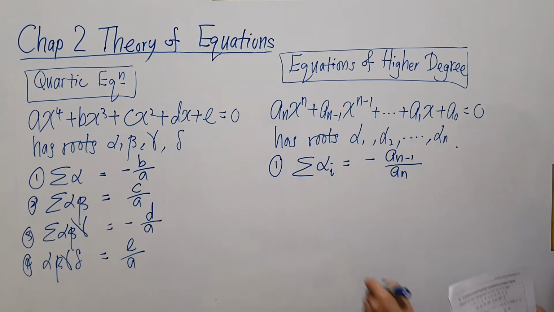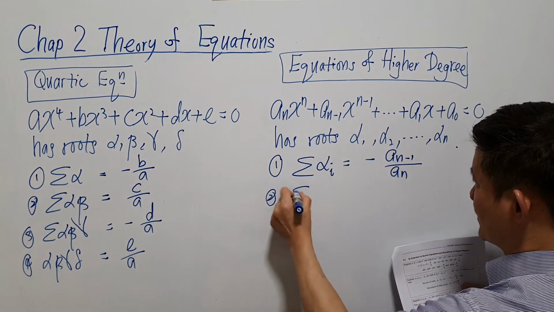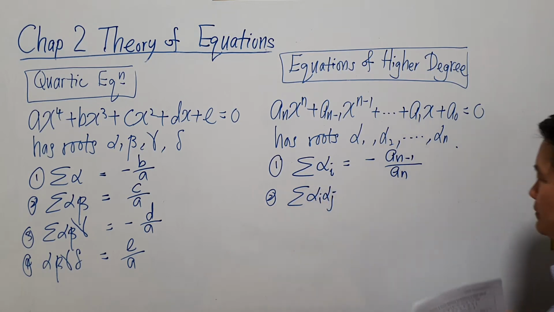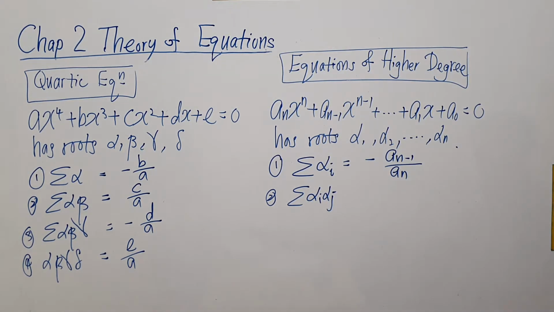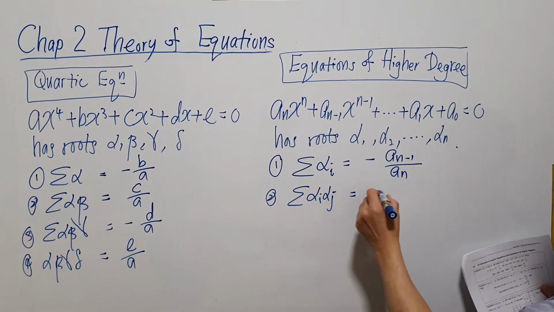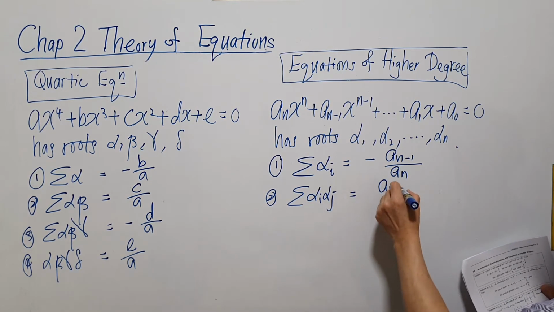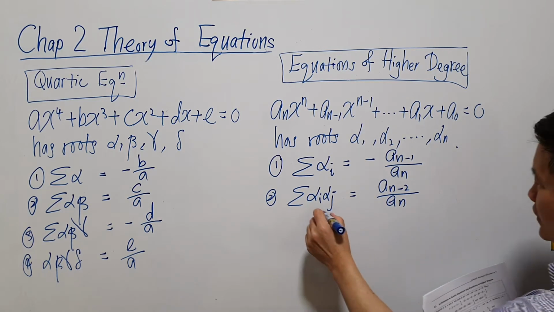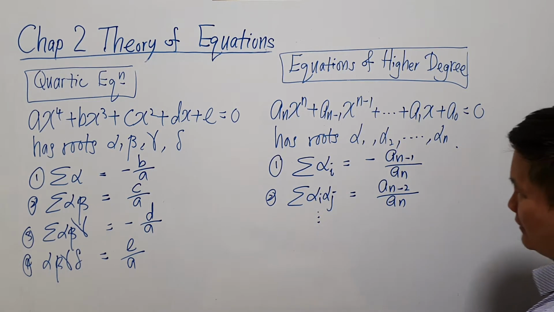Technically, you could have also summation of alpha i alpha j. This will be equal to positive the third coefficient divided by the first, and so on.